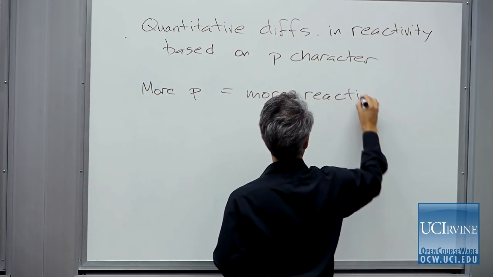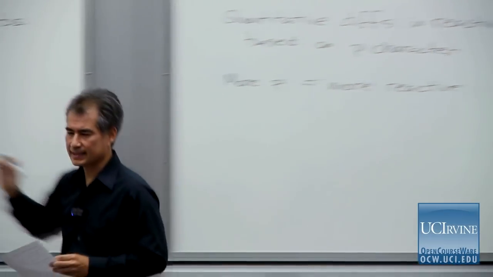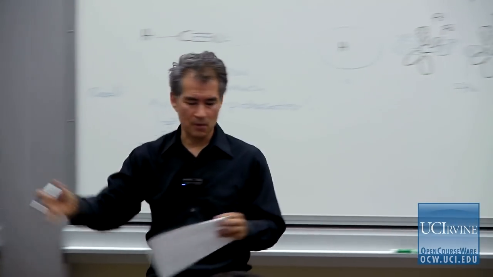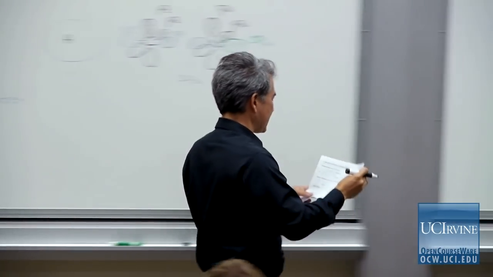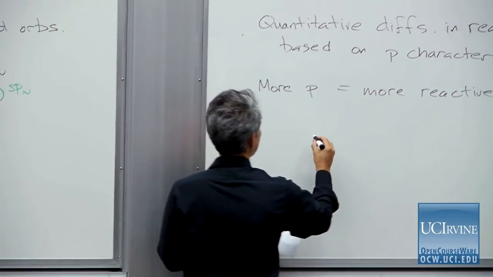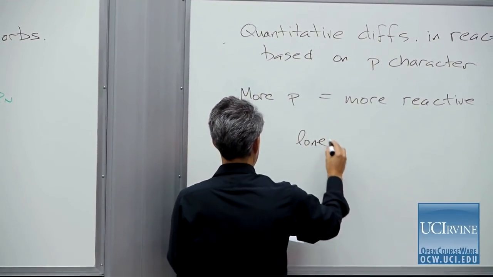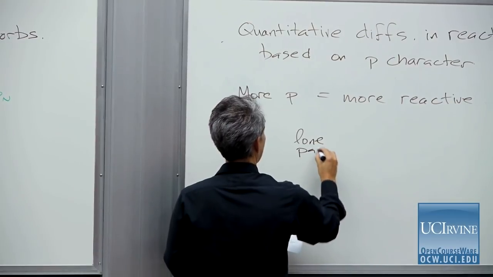So the fundamental idea is that the more p character, the more reactive. I'm going to start off by looking at nitrogen lone pairs because it's easy to rank the reactivity based on pKa, or acidity. So I want to draw a little table here.